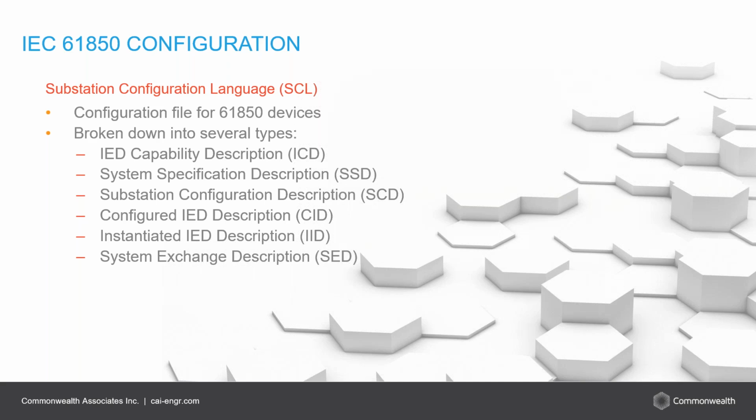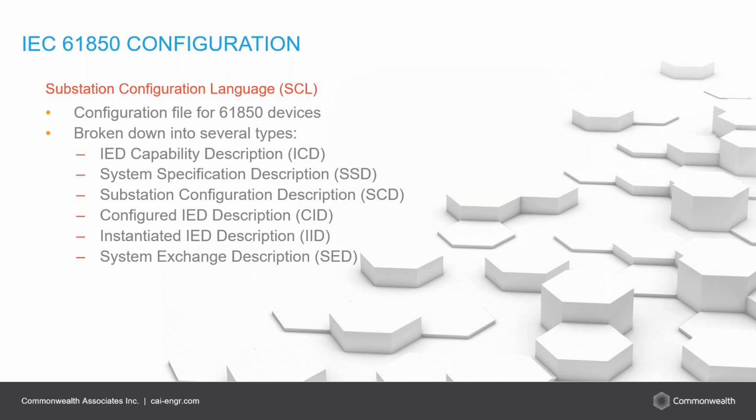To describe all this configuration, a Substation Configuration Language based on XML is used. The Substation Configuration Language or SCL provides a hierarchy of configuration files that enable multiple levels of the system to be described in an unambiguous and standardized XML format.